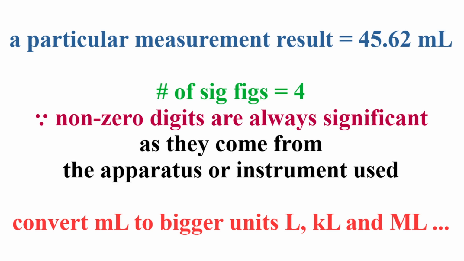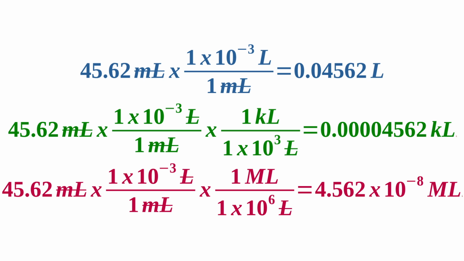Let us say we convert this unit to different bigger metric units like liter, kiloliter, and megaliter. Let us follow the factor label method discussed in detail in part 2 of this video series for the conversions. As can be seen here, conversion to any bigger metric unit always introduces leading zeros, namely zeros to the left of the first non-zero digit.